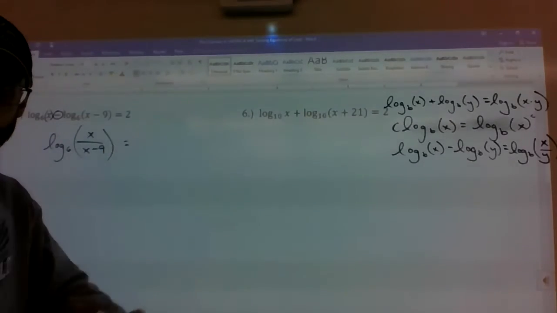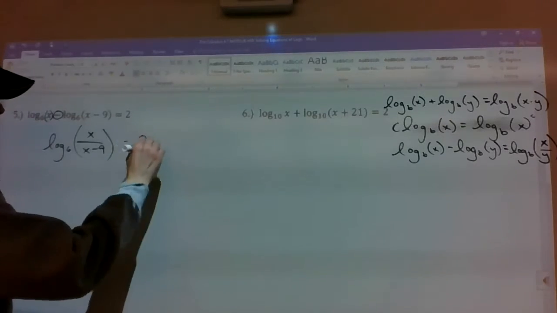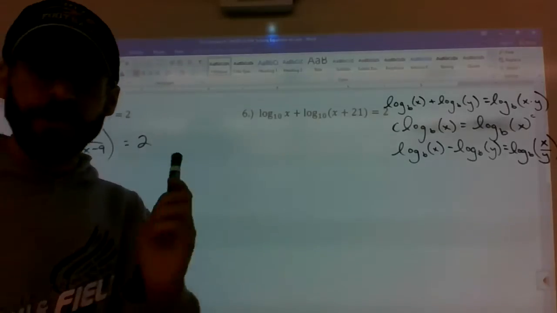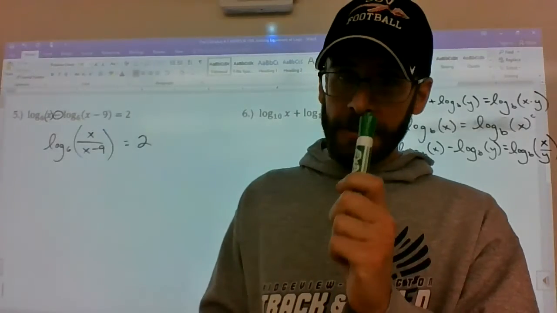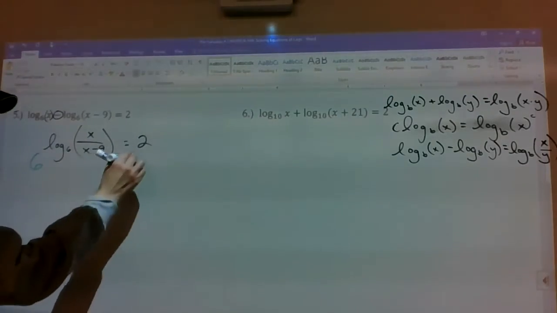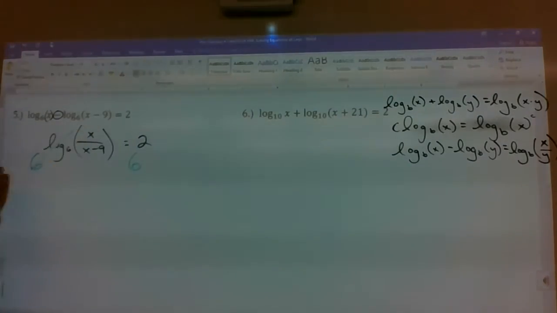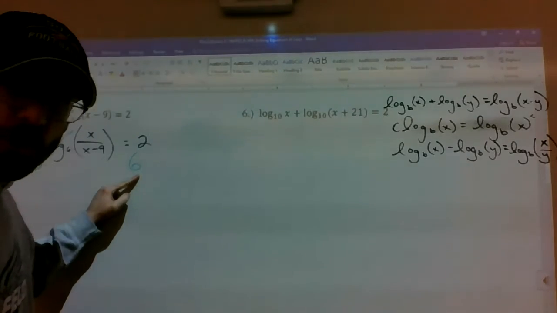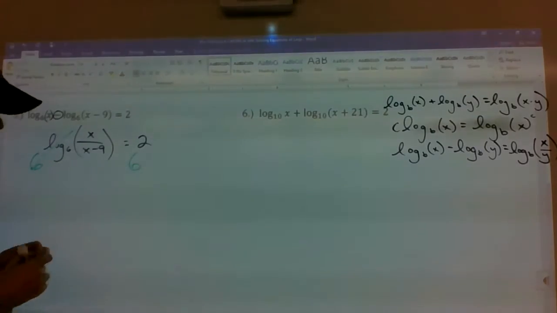The right-hand side is 2. It is what it is. Now, you guys know what to do next. We have to apply a 6 exponential to both sides in order to break this free of the log. Now, on this other side, there's no log. We literally have to do 6 squared now. 6 times 6 is 36.